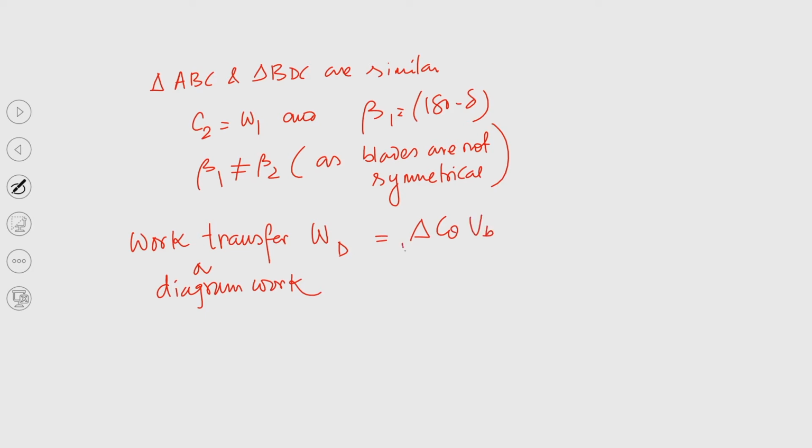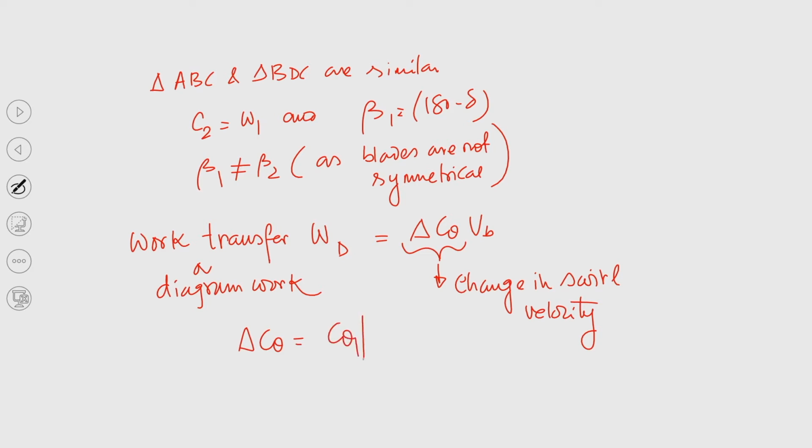So, this delta C theta is nothing but the change in swirl velocity. Okay. So, we have to calculate what is delta C theta. See, this delta C theta equal to nothing but C theta 1 minus C theta 2.